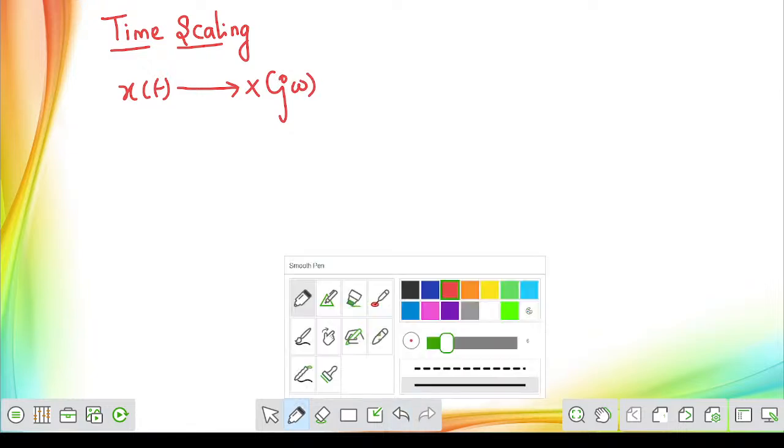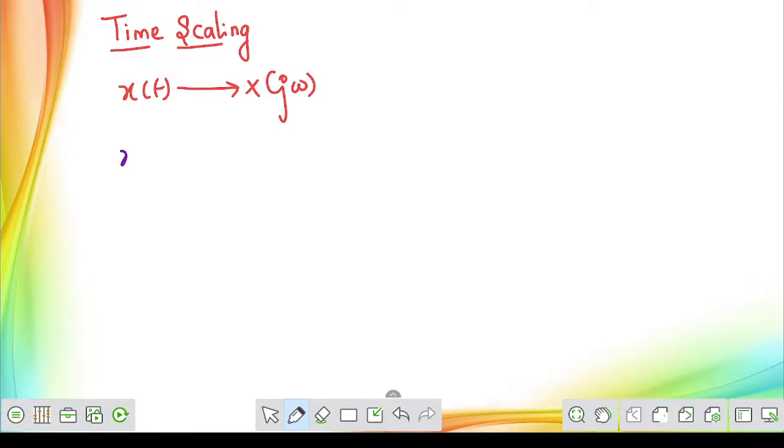If this signal is scaled by a, if I am having x of a times t, then what can be the expected Fourier transform? If you have x of at, then its corresponding Fourier transform is 1 upon mod a into x of omega upon a. That is what we are writing.